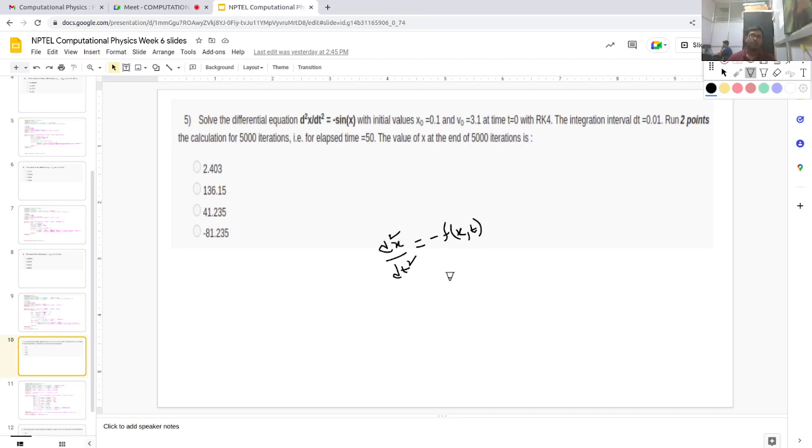So what we can do here is, you see d2x/dt2, this is essentially the acceleration term if we talk about the physics. So dx/dt, that will give you the velocity, right?